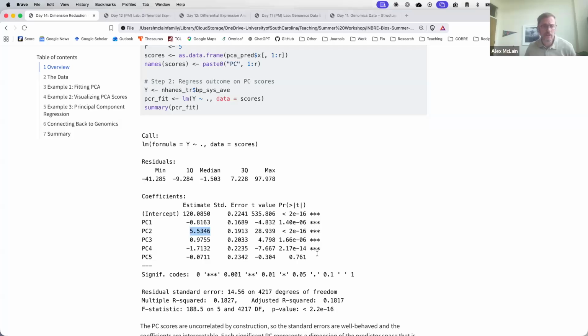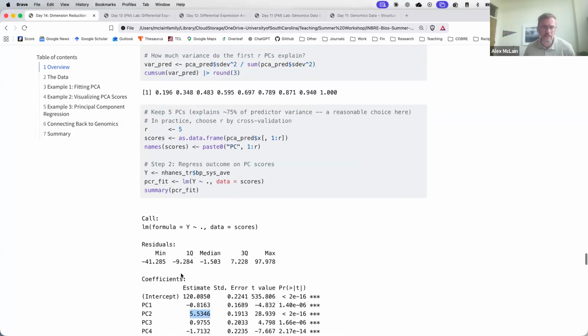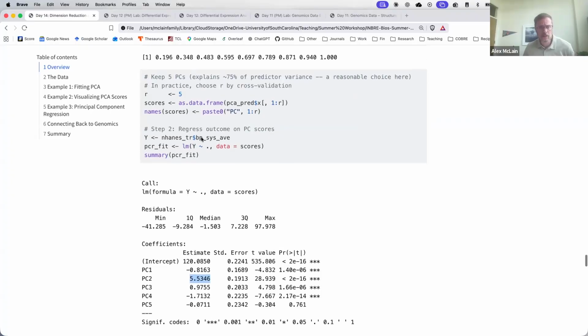PC5, things drop off there. And we could go on. So principal components 6, 7, 8 and 9 we're not using here. Those explain less variation in the data than the principal components we're including. But that doesn't mean that they're not related to the outcome. I mean, principal component 9, the last one, explains the smallest amount of the data, but it could be very important for predicting the outcome.